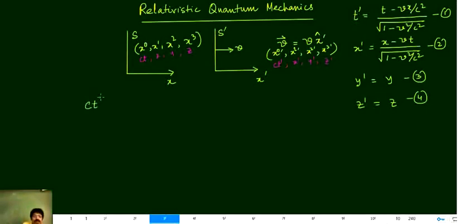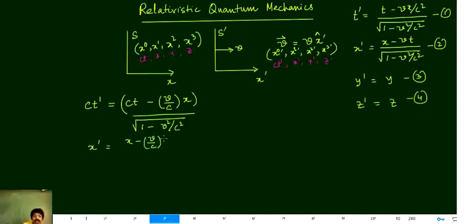Then you get ct prime is equal to ct minus v by c times x, whole thing divided by root over 1 minus v square by c square. x prime is equal to x minus, you do the same thing here, v by c times ct, because ct is the coordinate, divided by root over 1 minus v square by c square. y prime is equal to y, and z prime is equal to z.